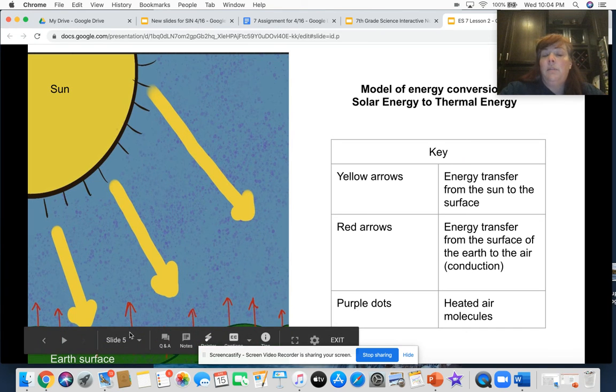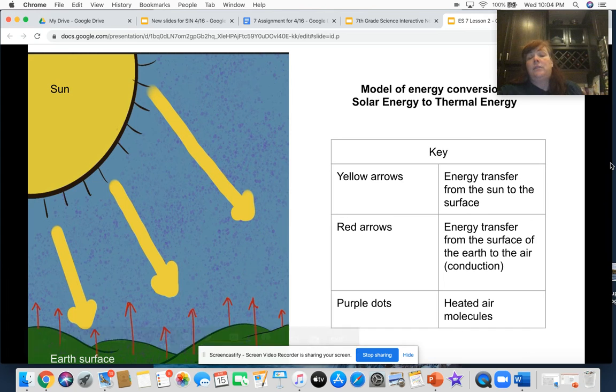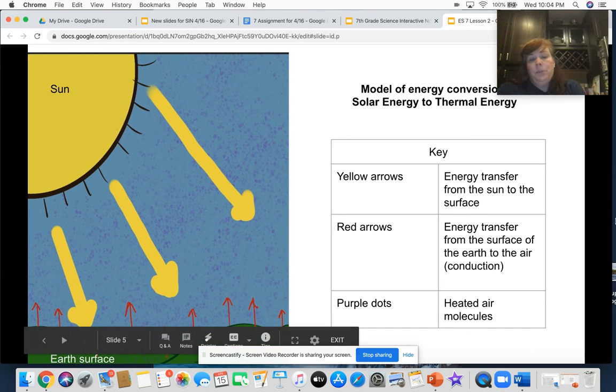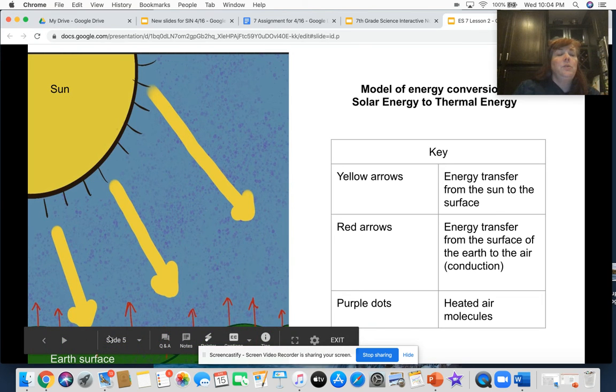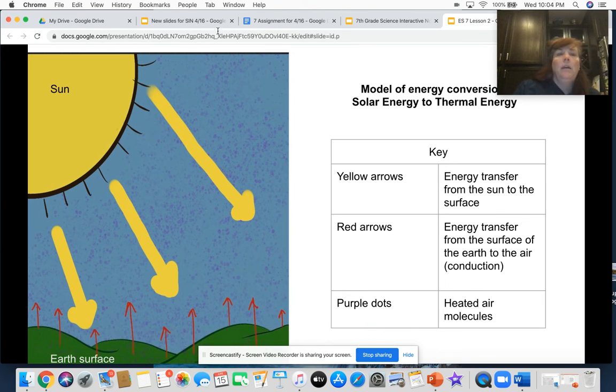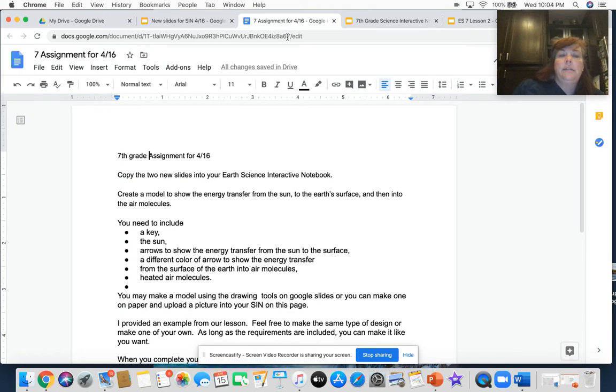So the matter in the air is touching the matter in the surface of the earth, and it's transferring that energy. And then all my little purple dots stand for heated air molecules. Not too bad.